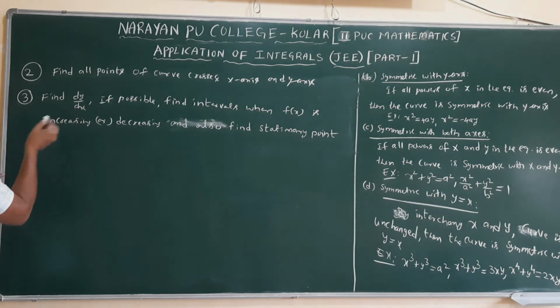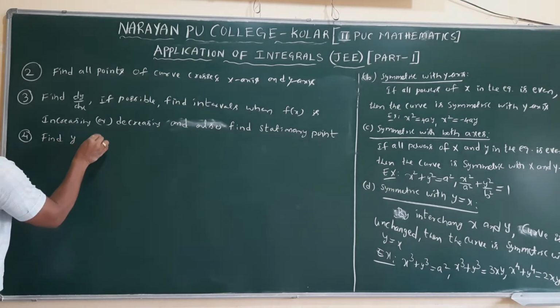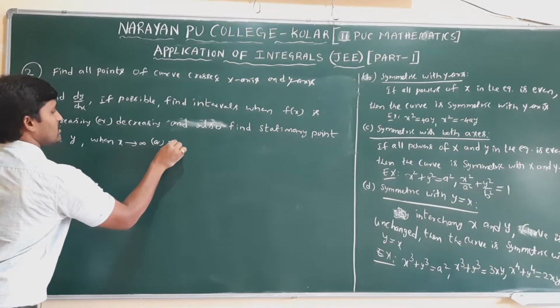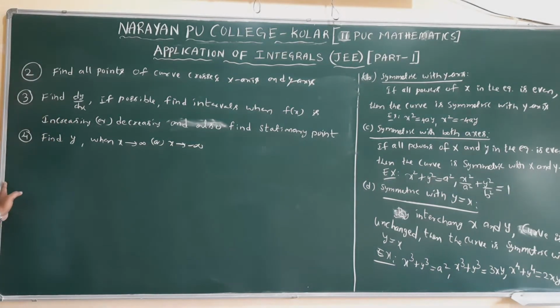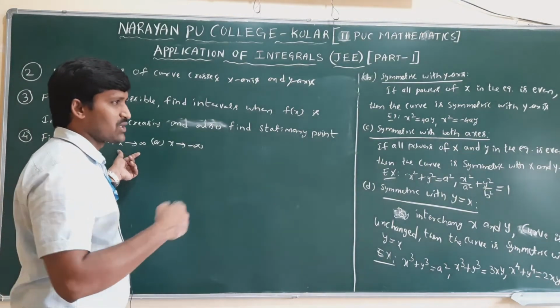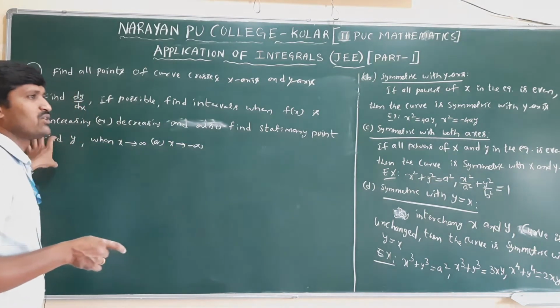Okay. After finding this, find y when x is tending to infinity or x is tending to minus infinity. Finding the y value from the curve when x is tending to infinity or minus infinity, what value is possible, finally we need to evaluate.